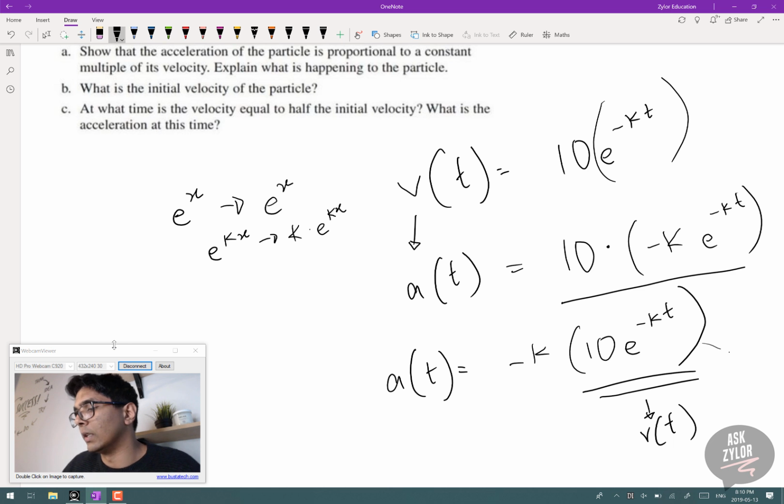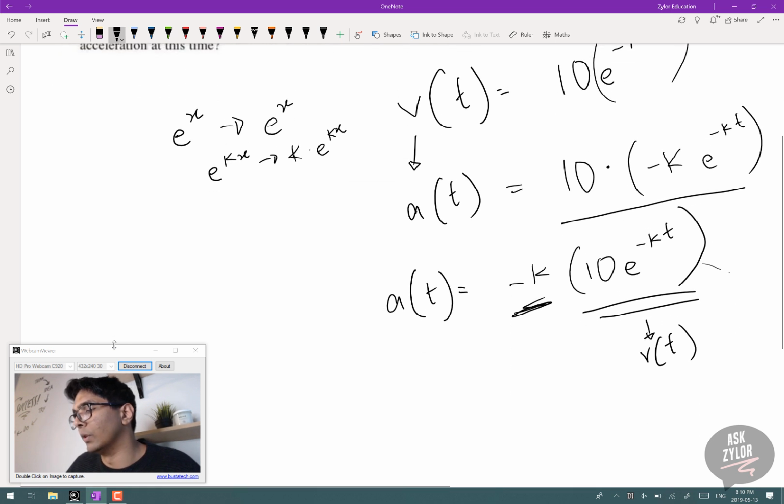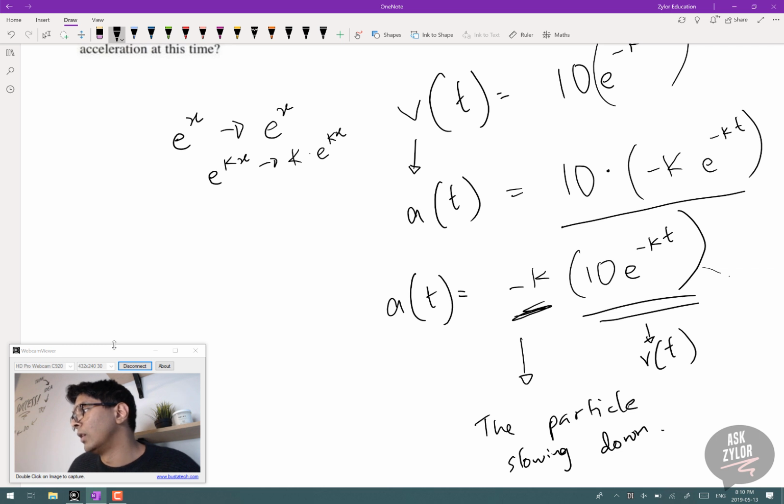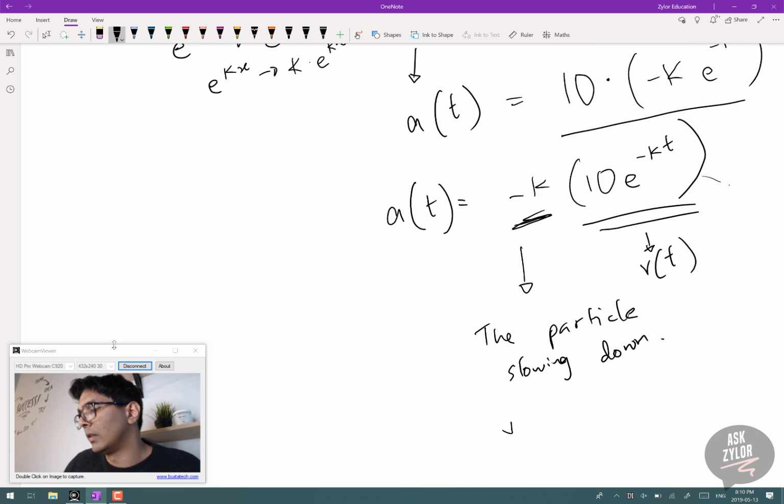So the only thing I need to look at is this number in front of it, which is the negative k. So because this is a negative number, we know that the particle will be slowing down, because it's always going to give me a negative number, right? So v of t is positive and decreasing.